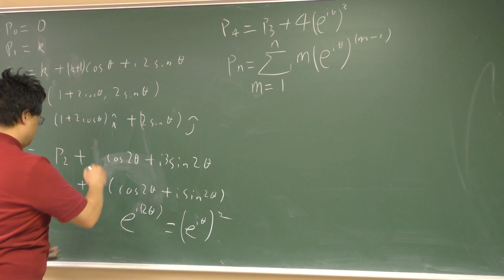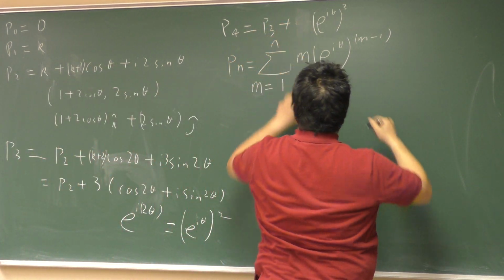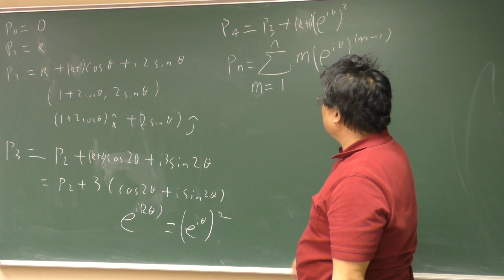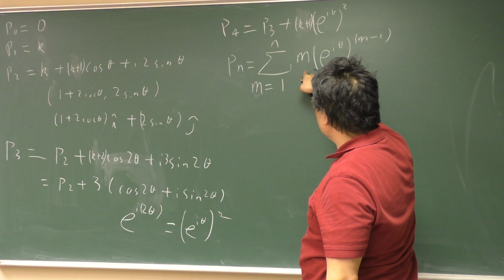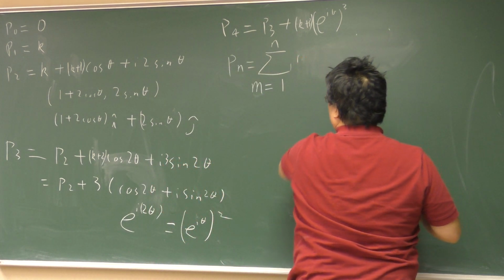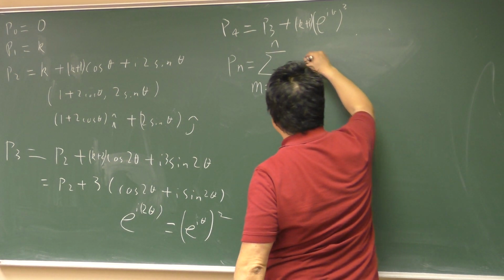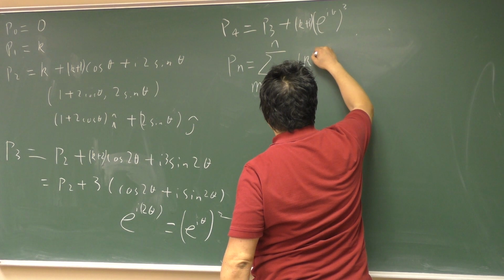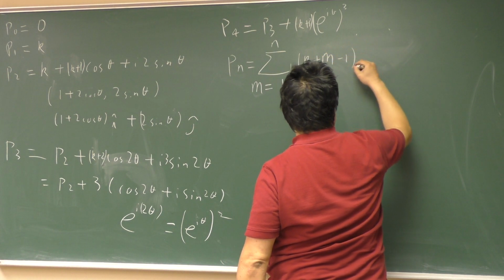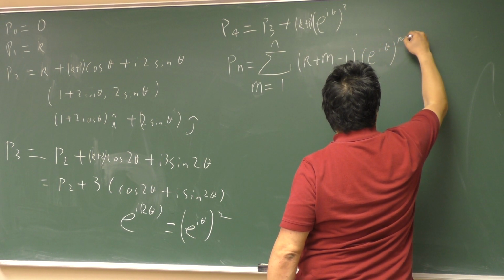And here is k plus 2, k plus 3. So instead of putting m here, I should have rewritten this as k plus m minus 1 times e to the i theta, m minus 1.